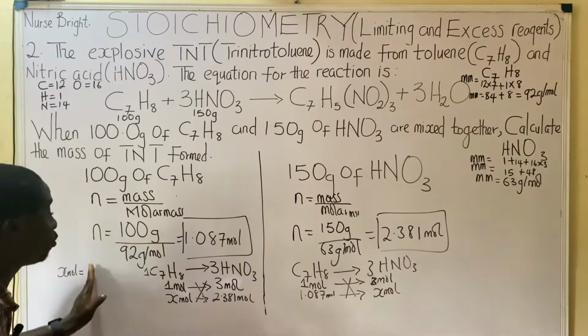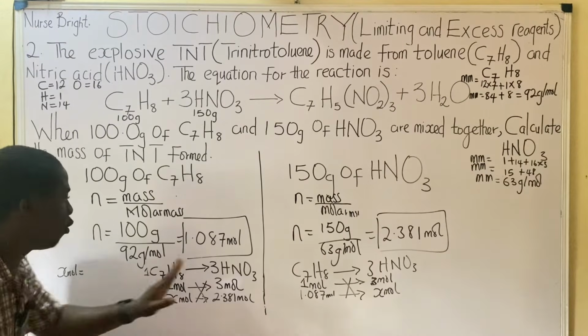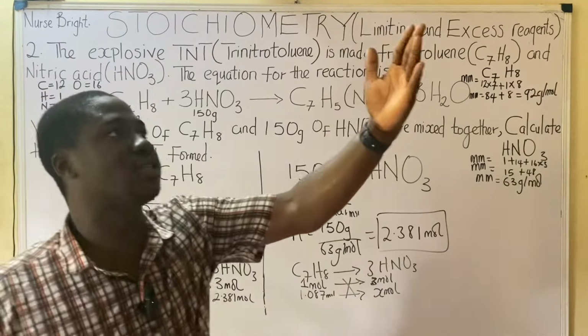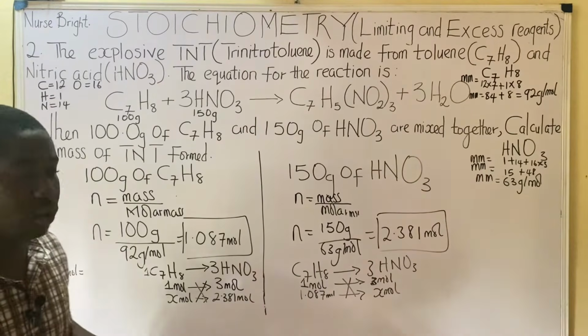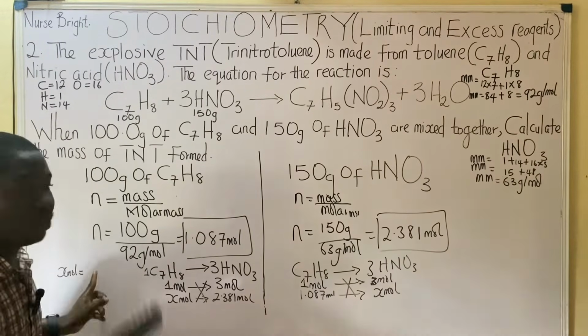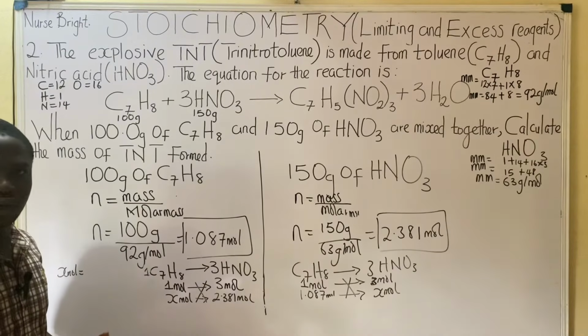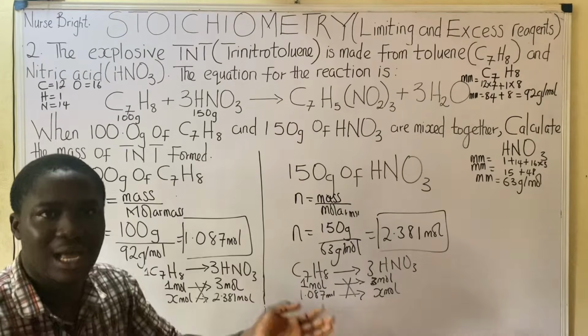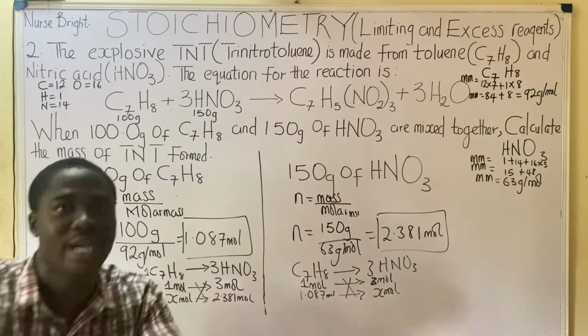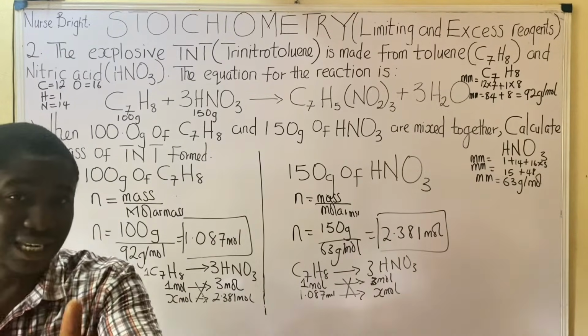If here was 3, you already know it's higher than this. That means the toluene they gave us was not enough. It was limited. So toluene will be the limiting reagent.